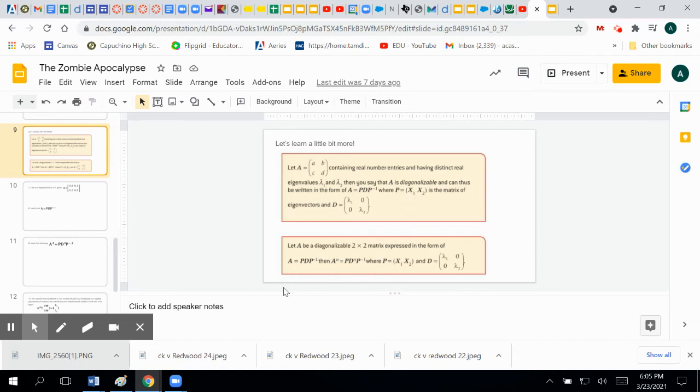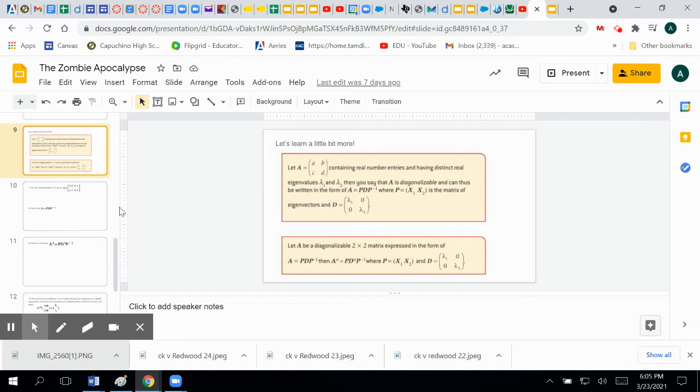Okay, so then we have a further little piece of information here. It says if you can write this matrix A in this form, P, D, inverse P, then there's a shortcut for taking a matrix to an exponent. A to the n is equal to P, D to the n times the inverse of P. So why do we care?